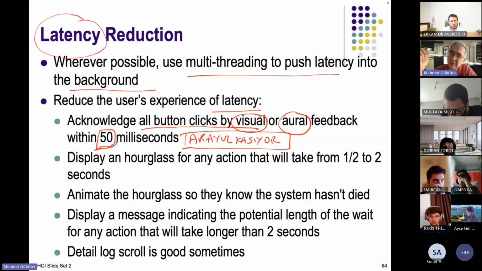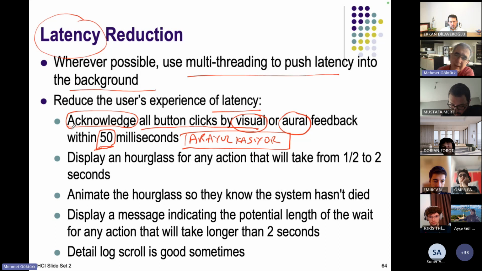That is because I didn't have acknowledgement for the click, and I thought the click didn't work. So I need to first understand that the click worked. Then if I understand that the click has worked, I will wait. If I wait too long, then I will think that the machine is slow, but still I will wait. Therefore, acknowledgement of clicks or touches is important.